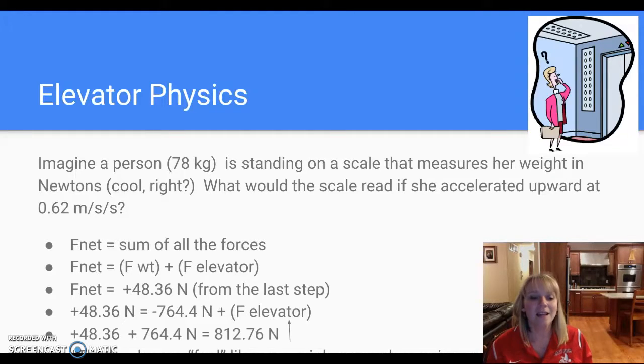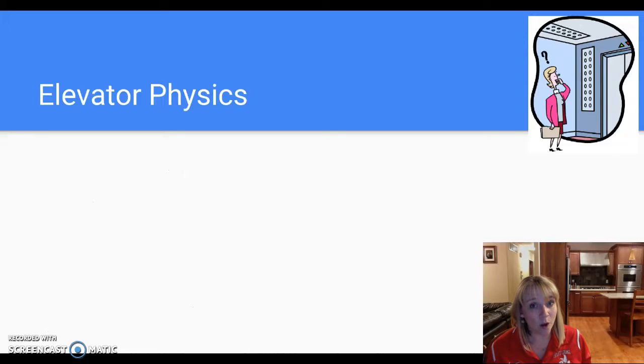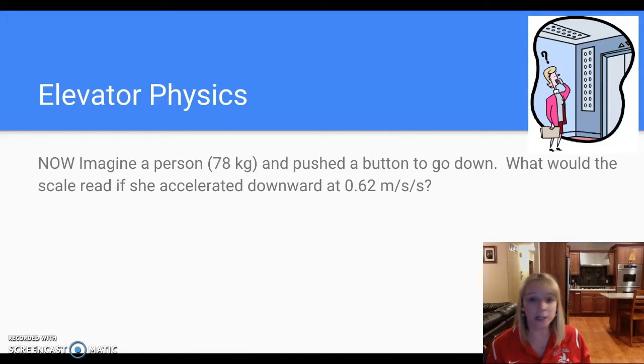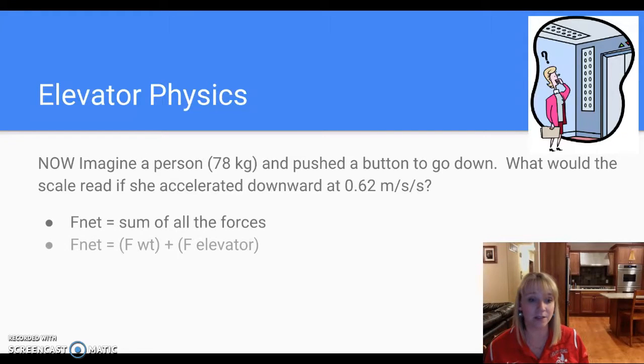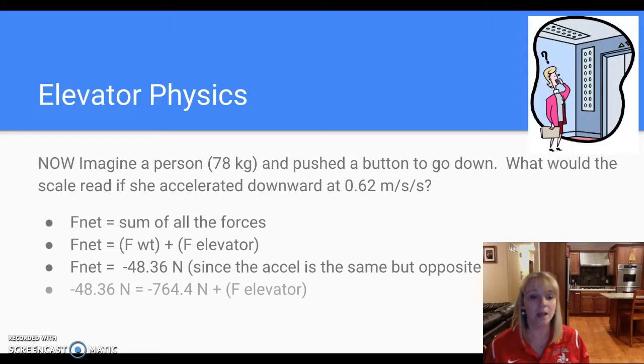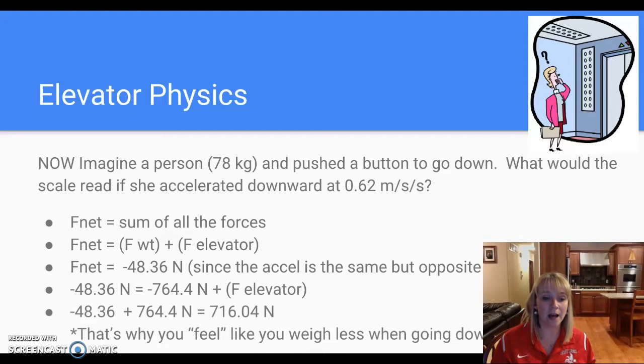Now, on the next one, let's look at the same acceleration, to keep the math simple, and I go down. Now I still have this same acceleration, but to show that I go down, I would have to have a negative acceleration. So I have a negative 48.36 newtons as my net force pushing me back down.